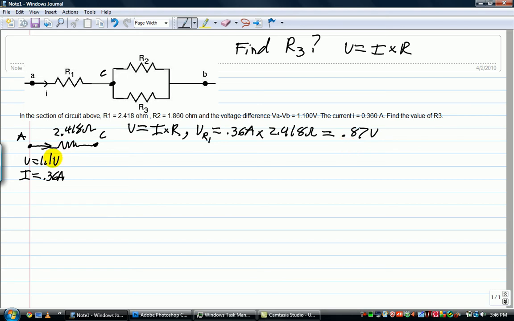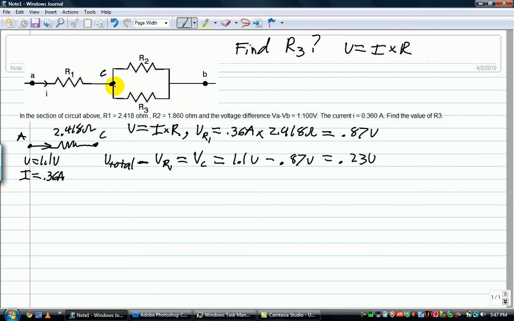So initially we started with 1.1 volts. So our V total is 1.1, and then we use up the voltage across R1, and that is equal to the voltage at C. So that is equal to 1.1 volts minus our voltage that we used up, and that is equal to, give me a moment, I need to calculate it, roughly 0.23 volts.